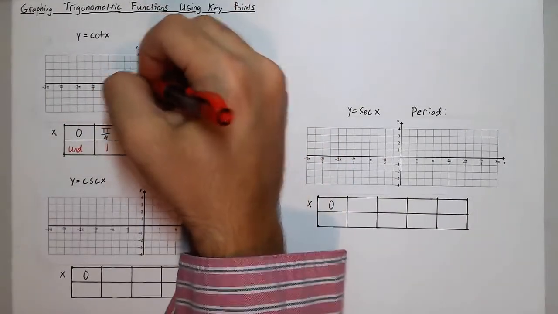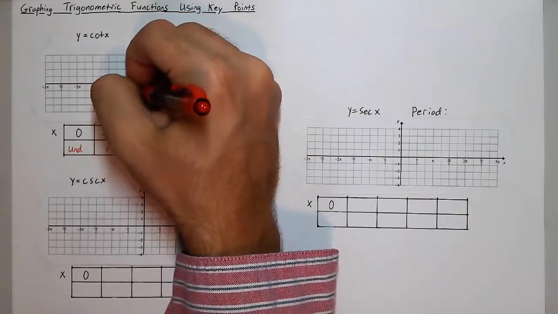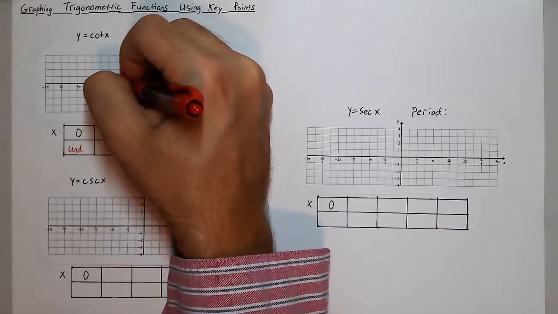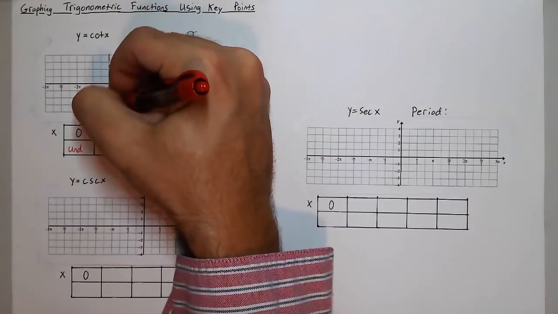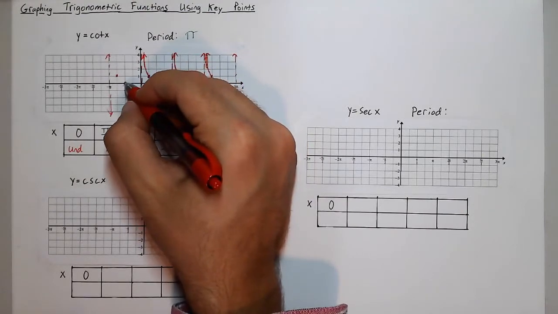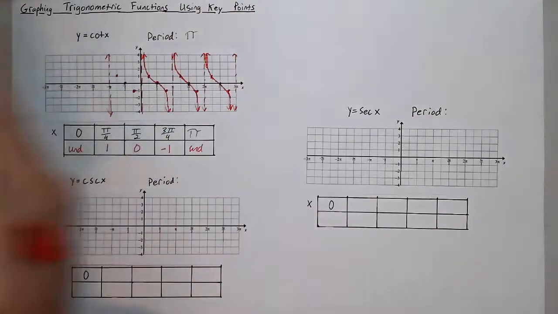If I went backwards, after the asymptote would be -1, 0, 1, then an asymptote. Again, the mistake here sometimes could be that asymptote 1, 0, -1. But again, we're following that same pattern to the left and keeping that same pattern going.